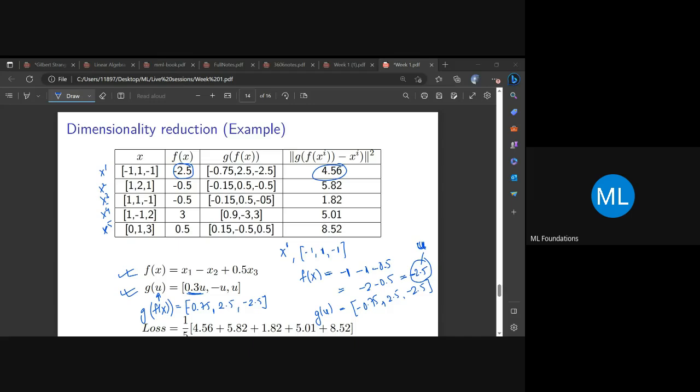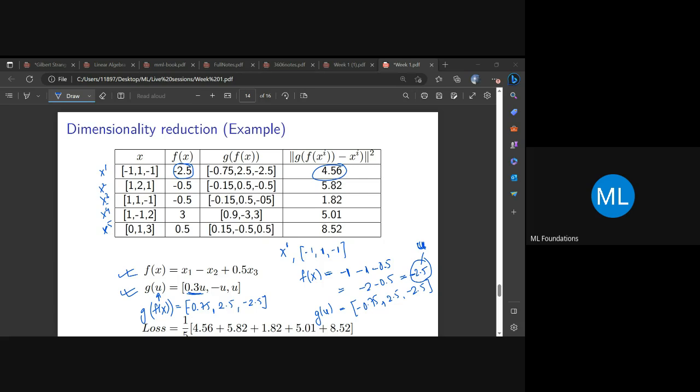Only in the ideal case will the loss be zero. So you would want your loss to be as small as possible, or more likely it should be zero. Only in that case would you say that the encoder decoder pair that you have found is the right one in a way.